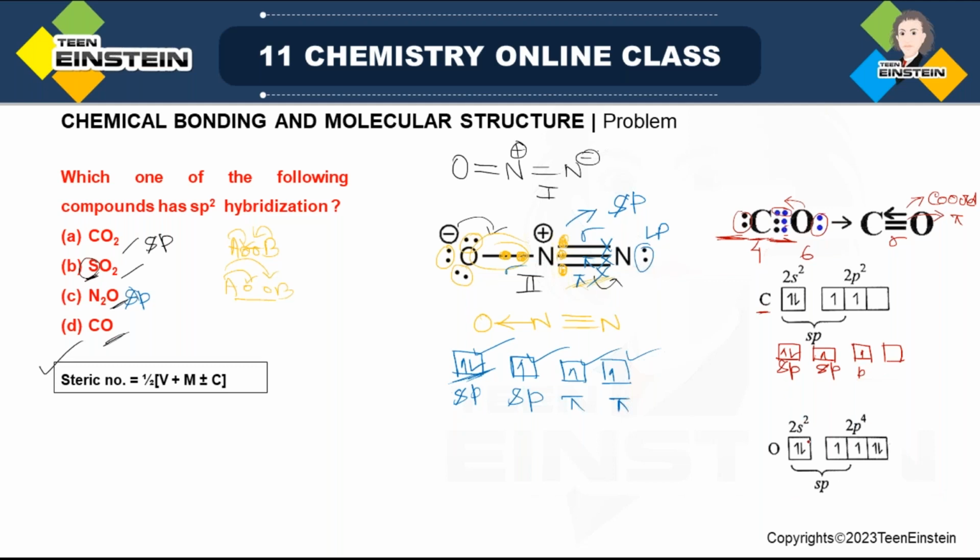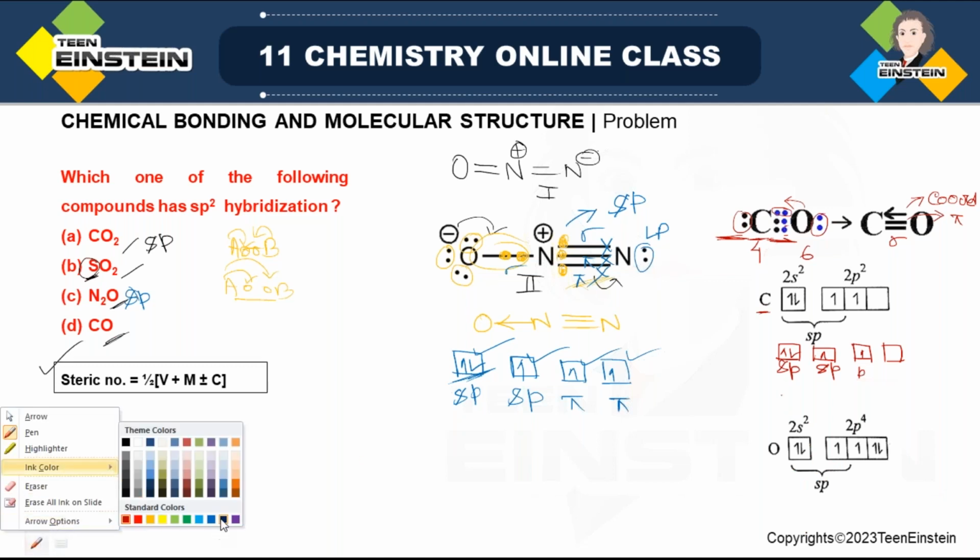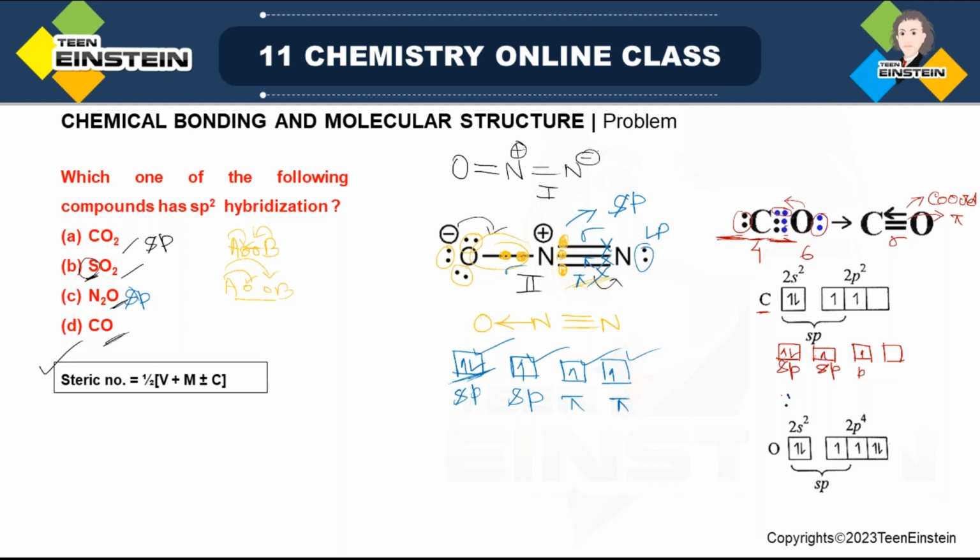Similarly, oxygen is also sp hybridized. Let me use a different color. Here this is one sp for oxygen where 2 electrons are present, then another sp where a single electron is present, then a pure p orbital where a single electron is present, and then another p orbital where 2 electrons are present.